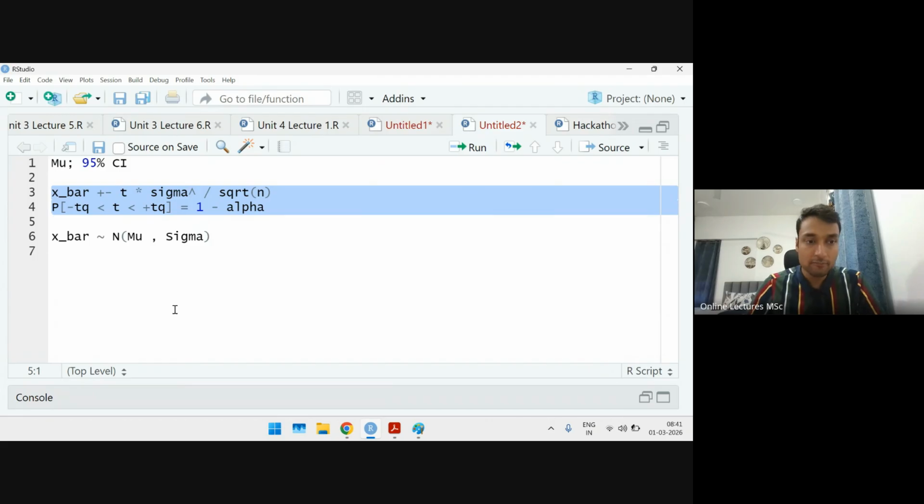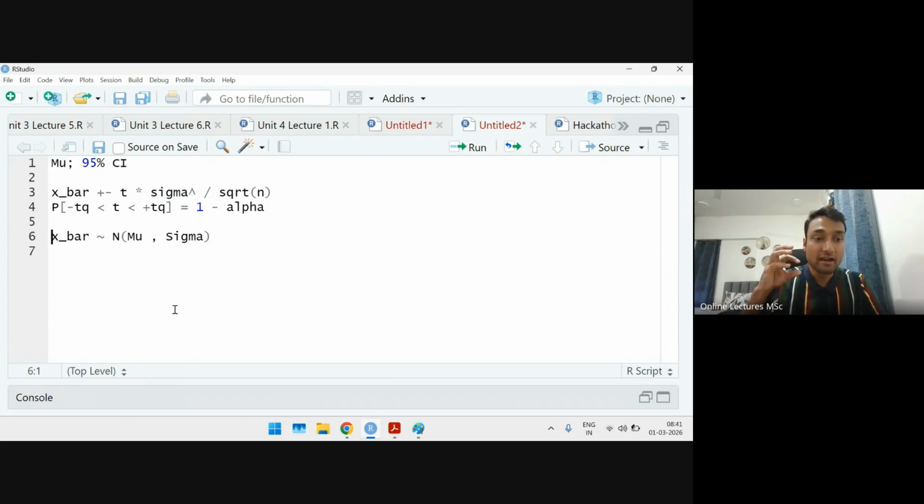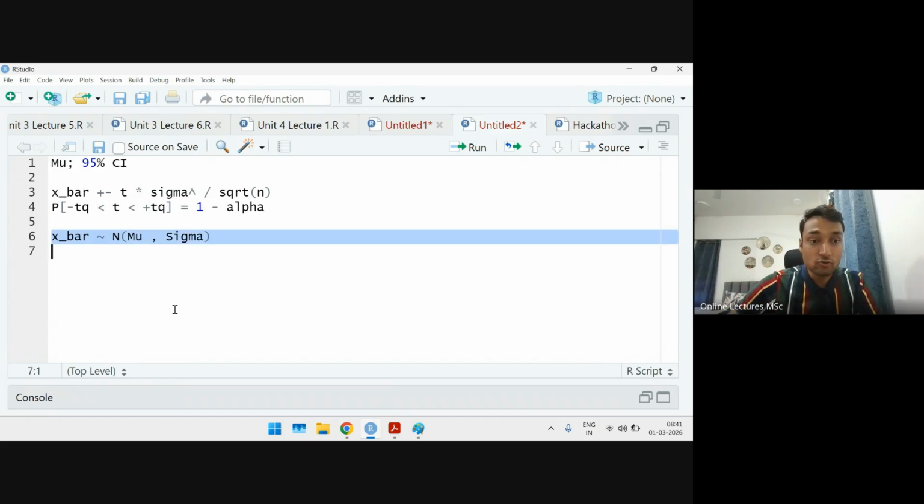Okay, not a problem. Bootstrap being there, Bootstrap will help you get your confidence interval, help you perform hypothesis testing by devising a method that does not use the assumption of normality or any other distribution now.